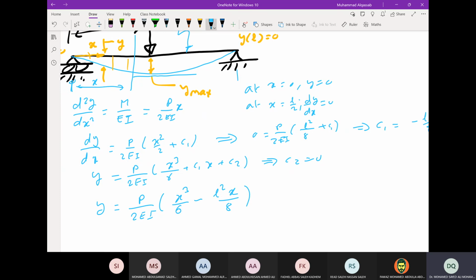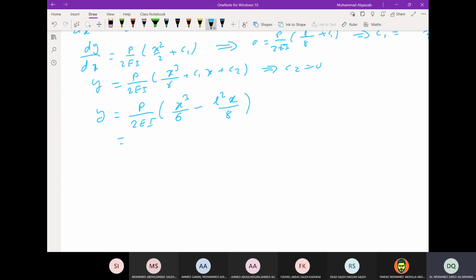So when you add this together, this will be P over 2 times EI, and this will be 8x cubed minus 6L squared x over 48.